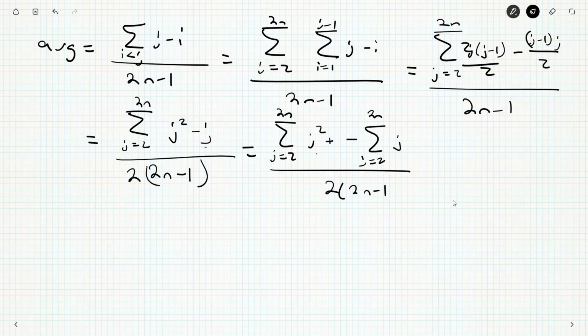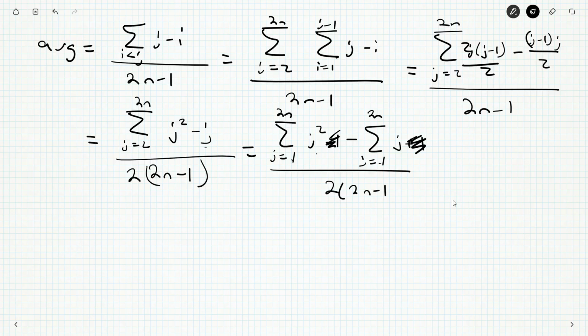Now I can subtract off a 1 to increase this up by 1, and I can add on a 1 to include j equals 1 here. But aha, these guys cancel.